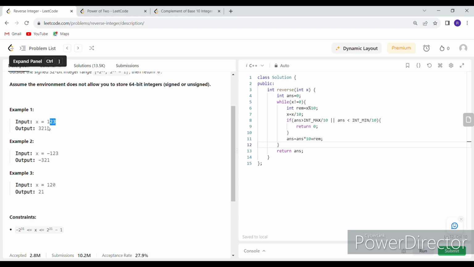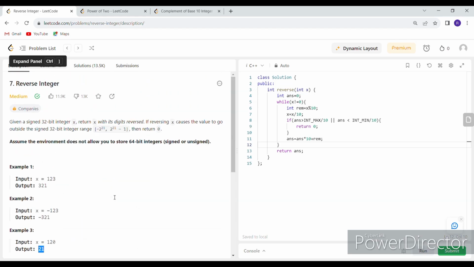If 123 is given, we need to return 321. If minus 123 is given, we need to return minus 321. If 120 is given, we need to return 21. Okay, so the question is very clear to us.